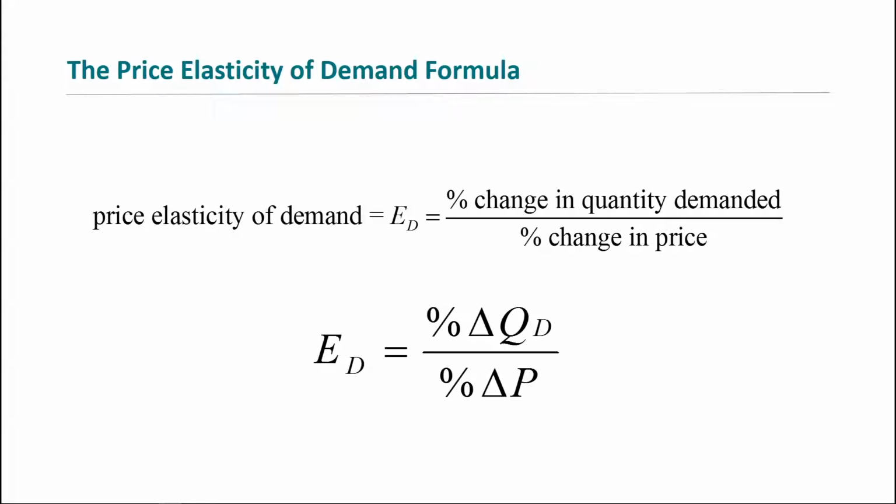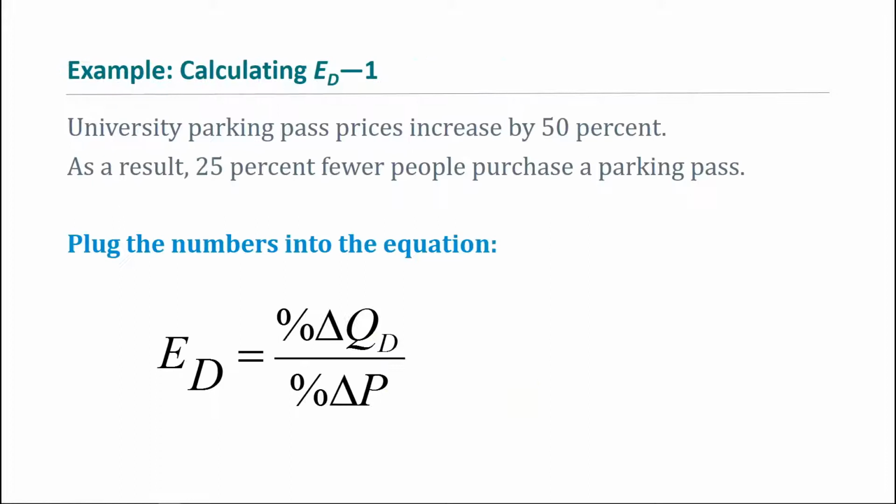You can make it a little simpler by using some abbreviations here. Remember from a math class probably that triangle is the Greek letter delta, and it means change. So price elasticity of demand, E with the subscript D, is the percent change in quantity demanded divided by the percent change in price. So here is an example that we can work through.